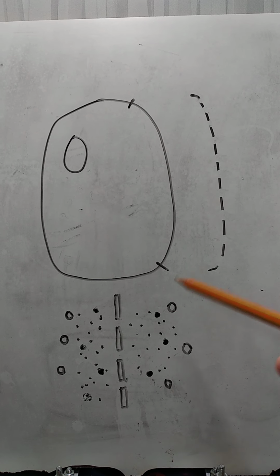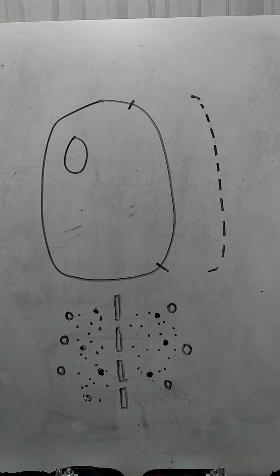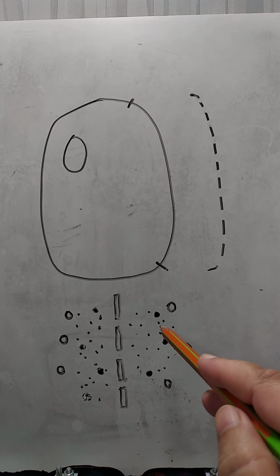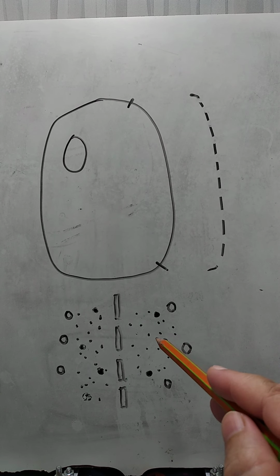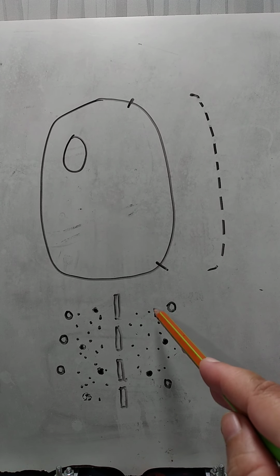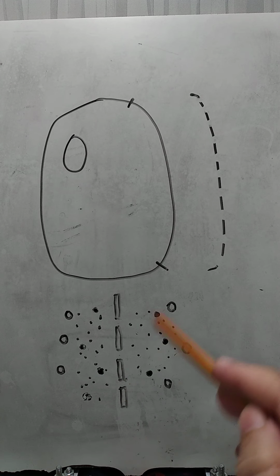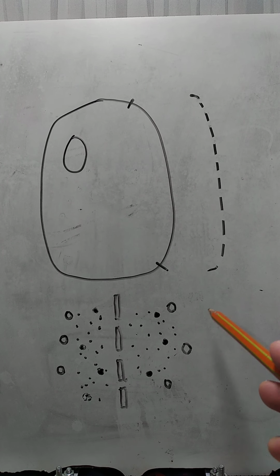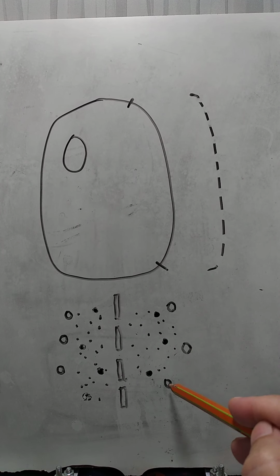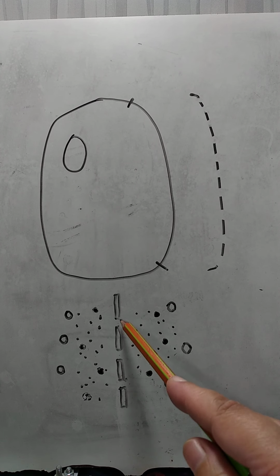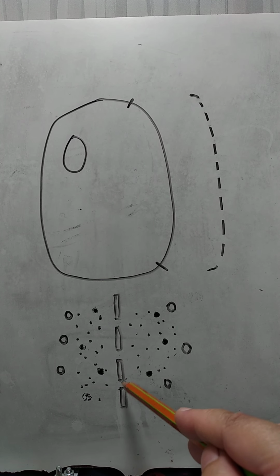But what about the solid particles? Not all solid particles can cross this plasma membrane. Only few, only selected solid particles can move in and out of the cell. Not all solid particles can move in and out. These bigger particles won't be able to cross this membrane because of the size of these pores.